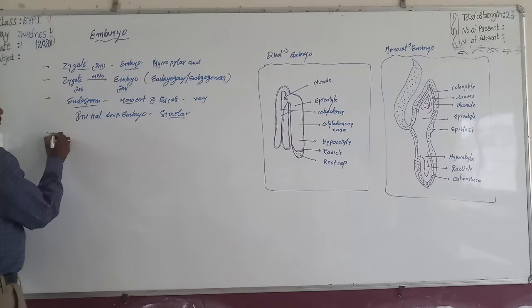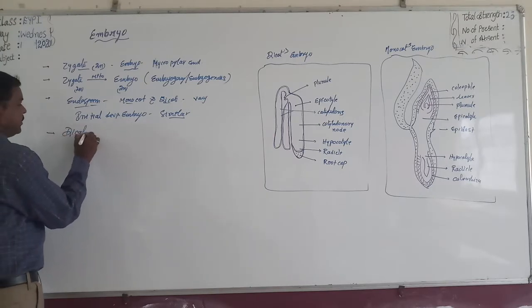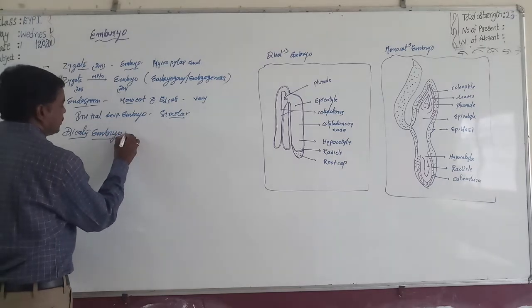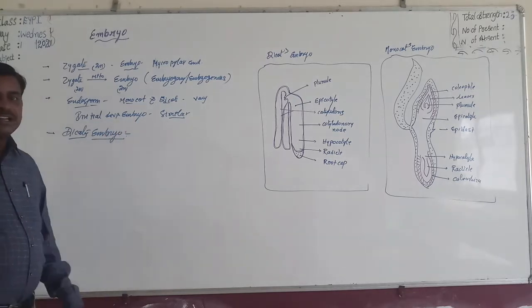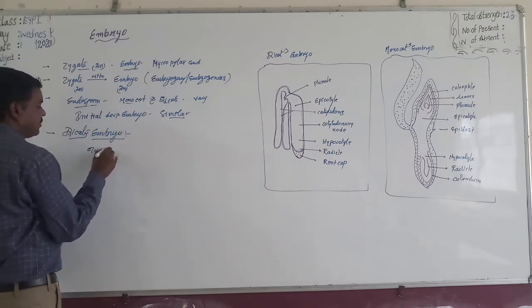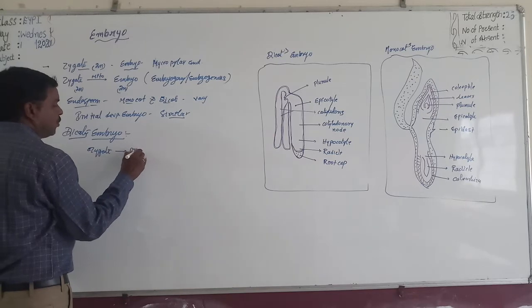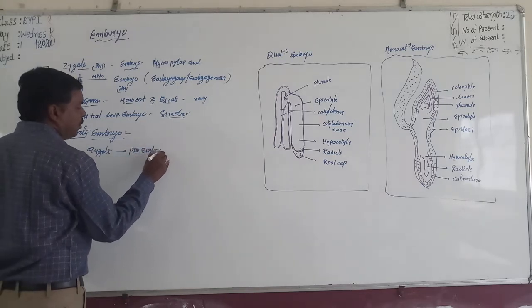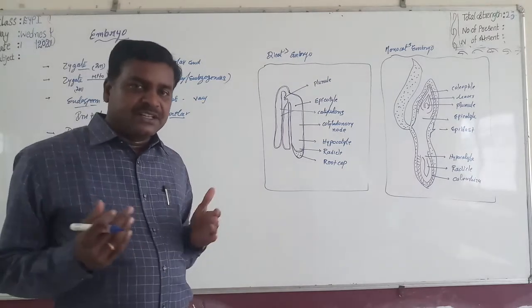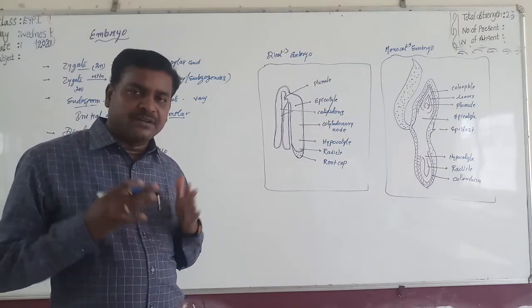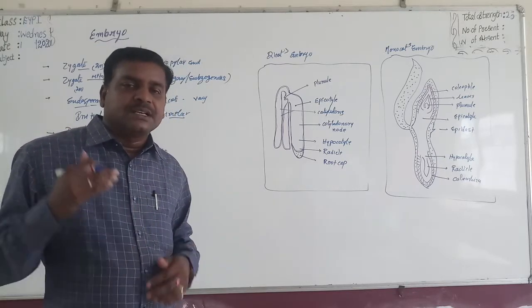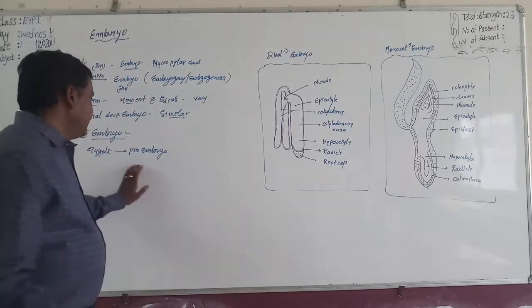Now coming to the dicotyledonous embryo, the structure of the dicot embryo. First, the zygote develops into a proembryo. The nucleus of the zygote divides by mitosis, leading to the formation of some cells, the pro-embryo, the primary embryo.